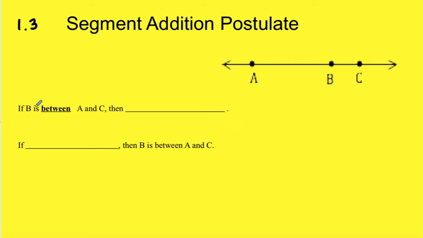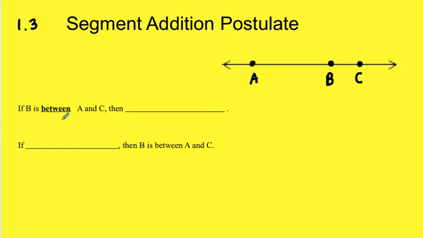Hi, so today we're going to be talking about the segment addition postulate, and we started this lesson in class, but I want to just remind you that a segment actually has definitive endpoints, so A and C, and this point B is somewhere in between.